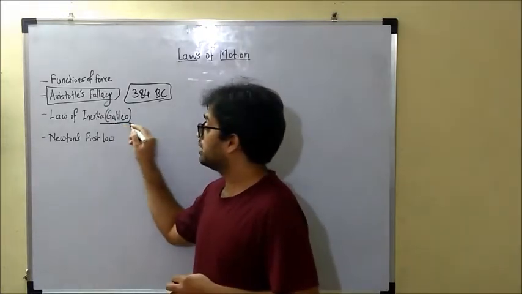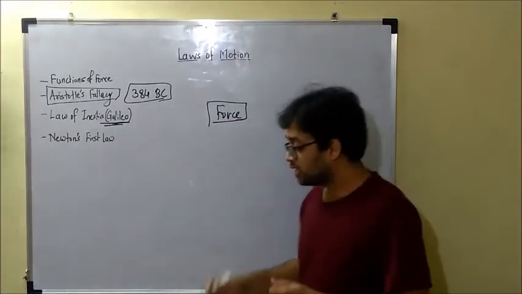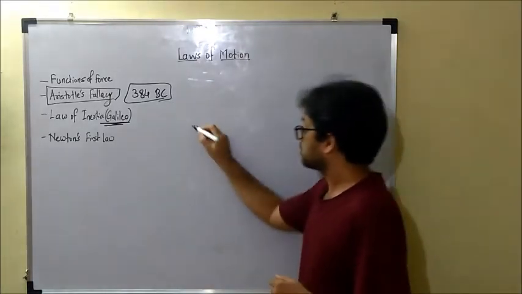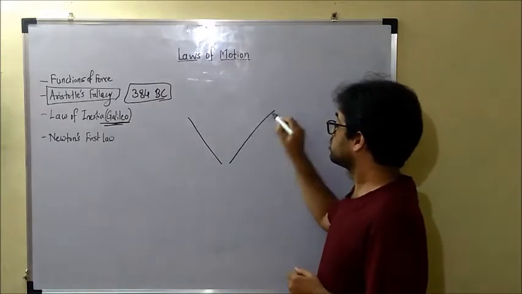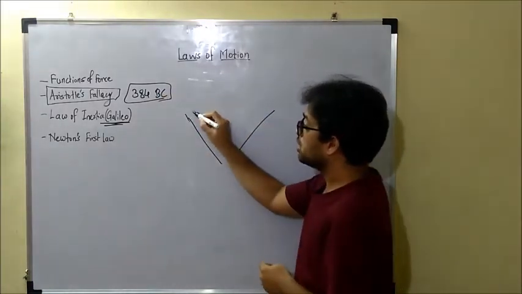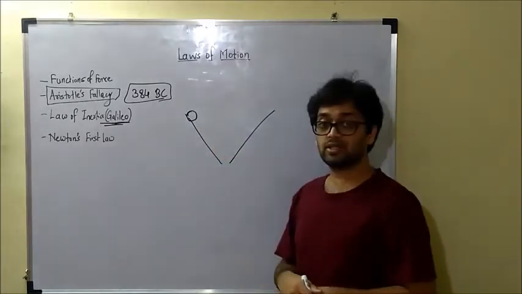Then came Galileo. So what did Galileo do? He did one experiment. He arranged two plane surfaces in this fashion and kept a small ball over the surface.